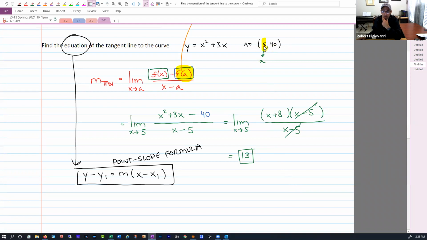But if I'm asking you to find the equation of the tangent line to the curve at this point, I wouldn't say at an interval. I would say at a point. If I were talking about an interval, I'd probably say something like on an interval. Okay, got it. Thank you. Just want to make sure. That's a good question.